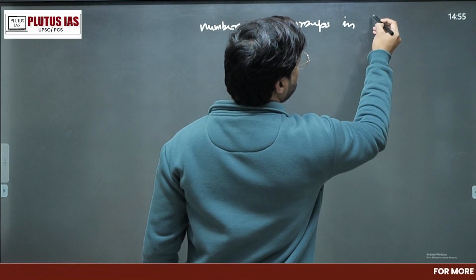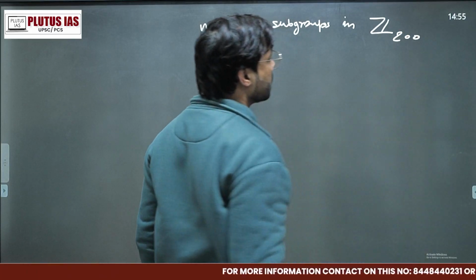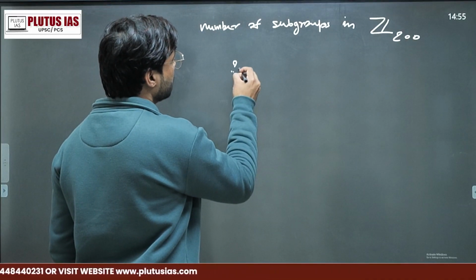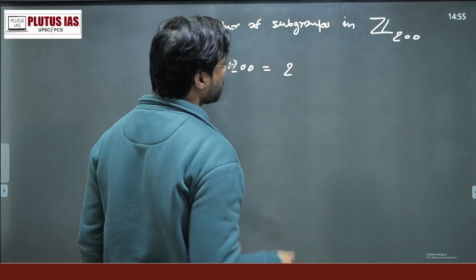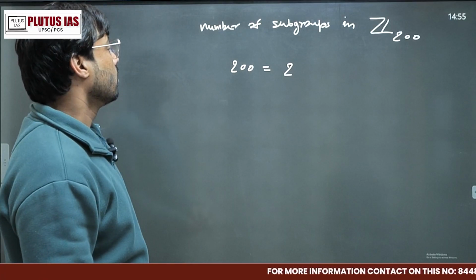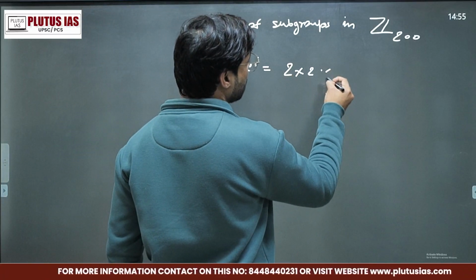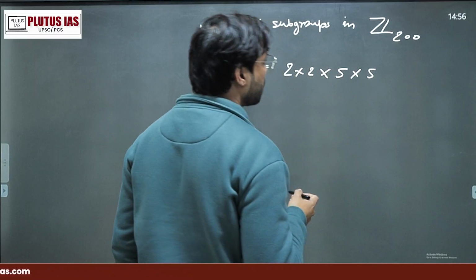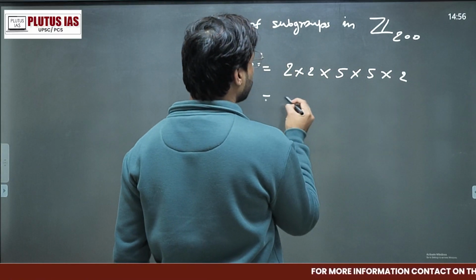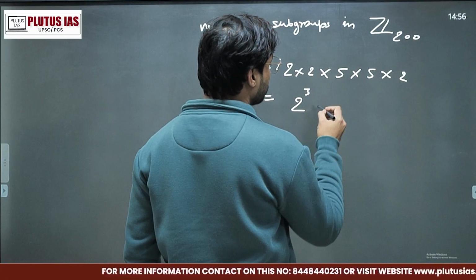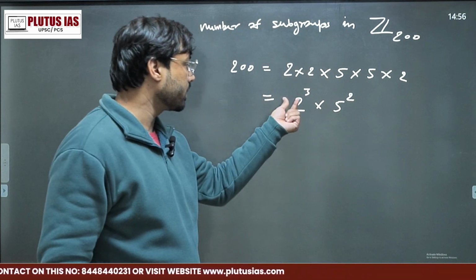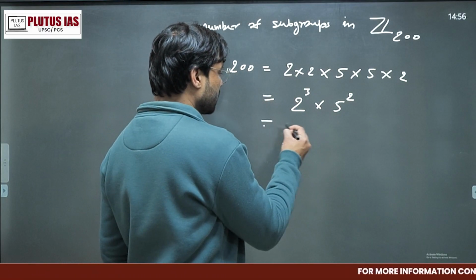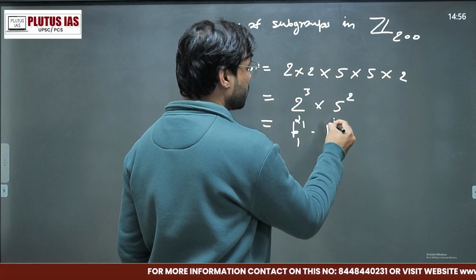Take the factors of 200: 2 times 2 times 2 times 5 times 5. So we can write 200 as 2 to the power 3 times 5 to the power 2, since 8 times 25 equals 200. This is the prime factorization, p1 to the power alpha 1 times p2 to the power alpha 2.